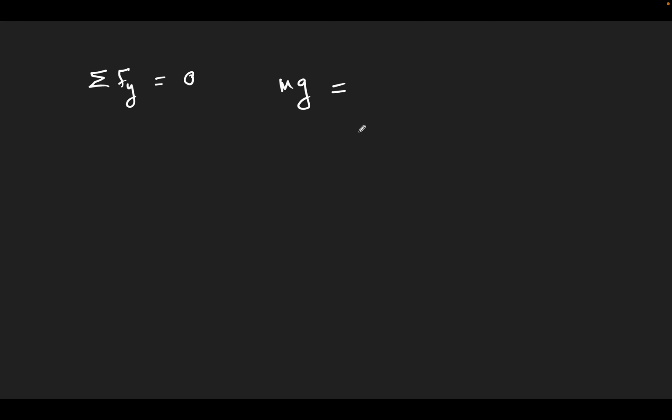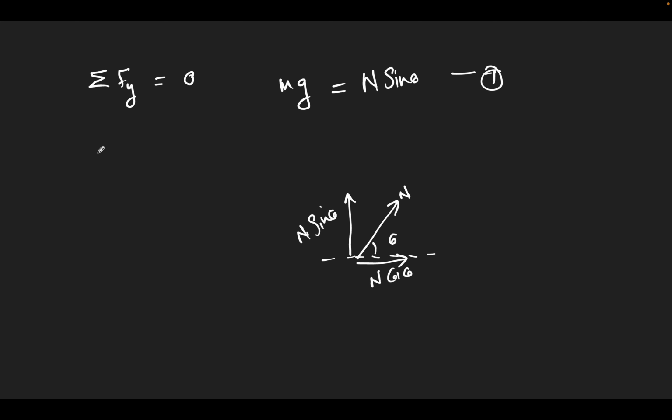This is N, acting at an angle of theta. Then it has two components, N cos theta and N sine theta, right? So here mg is being balanced by the vertical component of N, that is N sine theta. This is one equation, obtained from balancing the vertical forces.